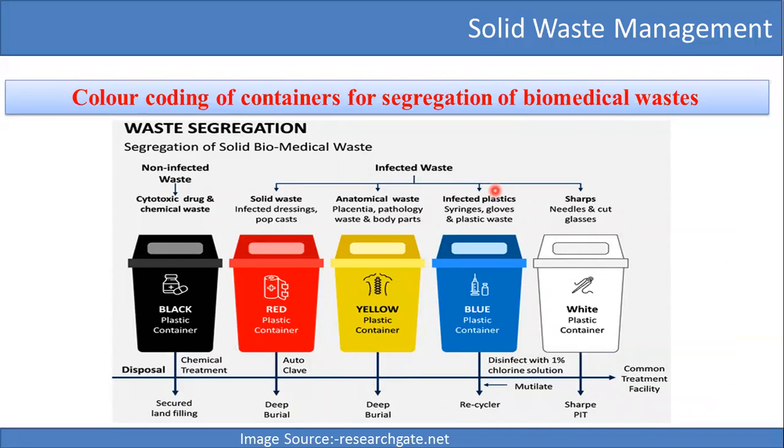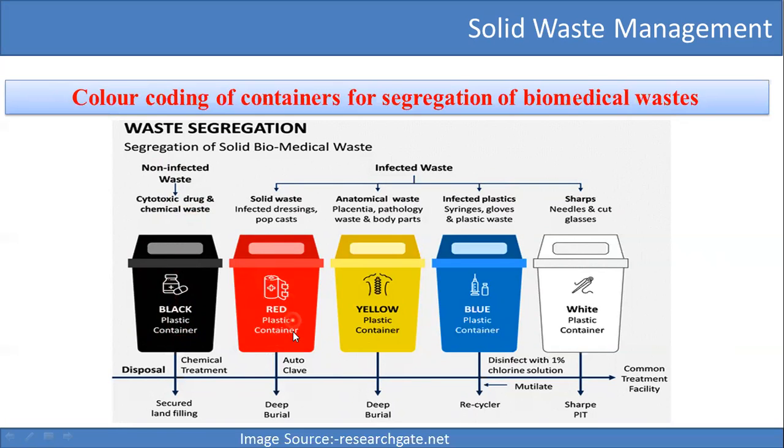In this diagram, you can see different colored dustbins are shown, and these different colors have different material storage capacity. You can see this black plastic container. In this black plastic container, generally non-infected waste or cytotoxic drug and chemical waste is stored.